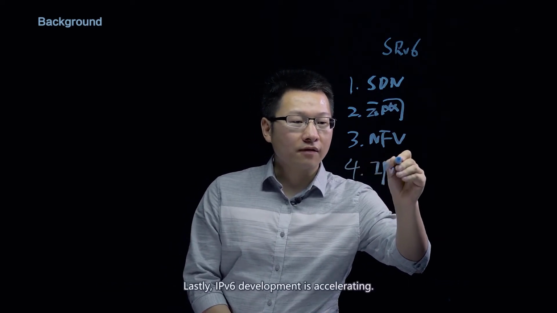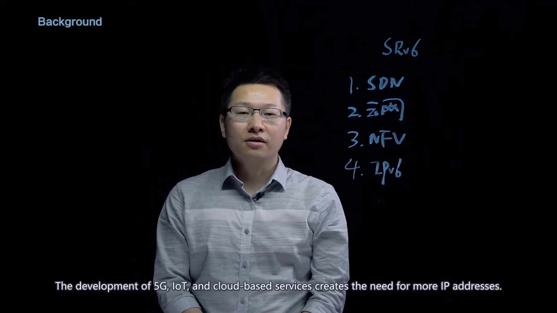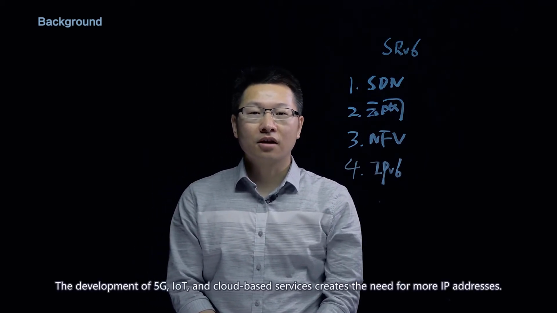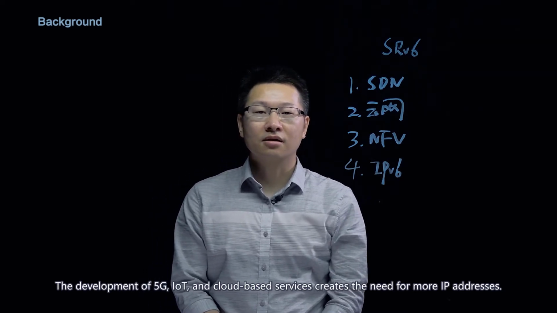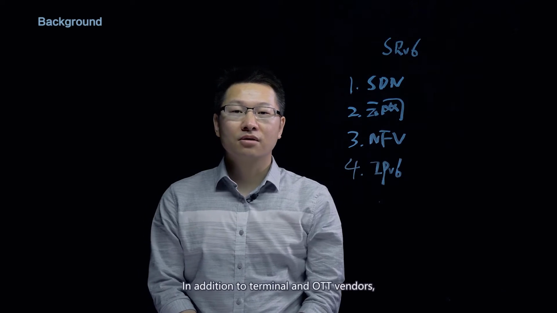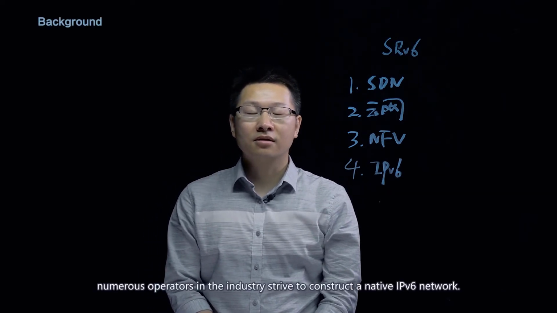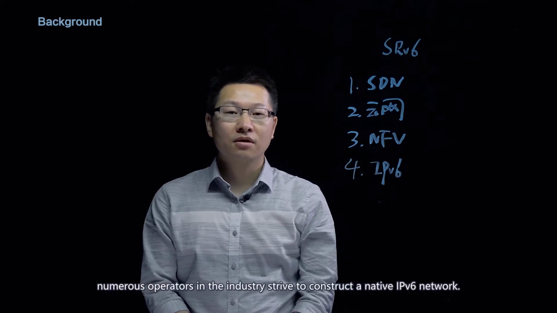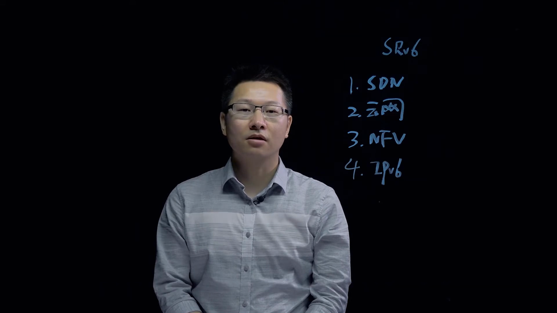Lastly, IPv6 development is accelerating. The development of 5G, IoT, and cloud-based services creates the need for more IP addresses. In addition to terminal and OTT vendors, numerous operators in the industry strive to construct a native IPv6 network.